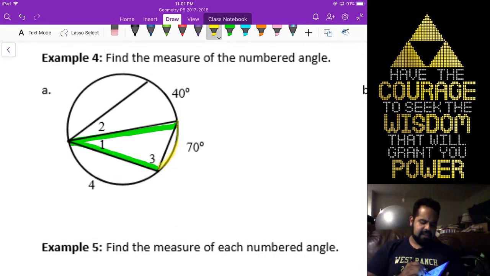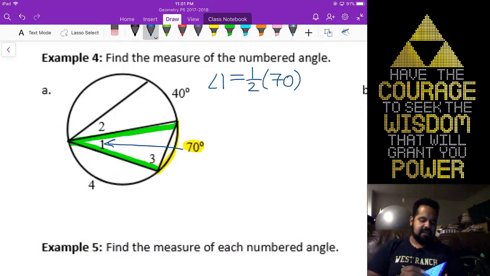And this arc here meets those two. That arc is associated with 70 degrees. If you remember our rule for the inscribed angle, I'm going outside in. So angle 1 is equal to 1/2 of the arc measure, which is 70 degrees. So this should be 35 degrees.